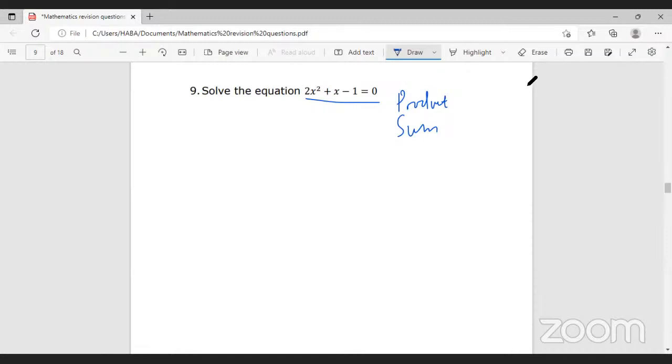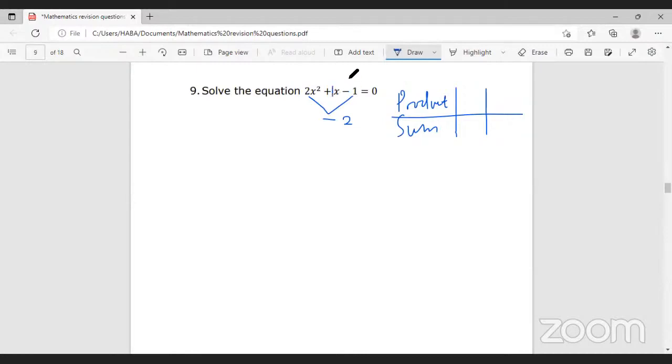Now, what we are going to do, we are going to first multiply 2 and negative 1. 2 times negative 1 is negative 2. So we are going to get two numbers that when we multiply them, they give us negative 2, and when we add them, they give us a 1.